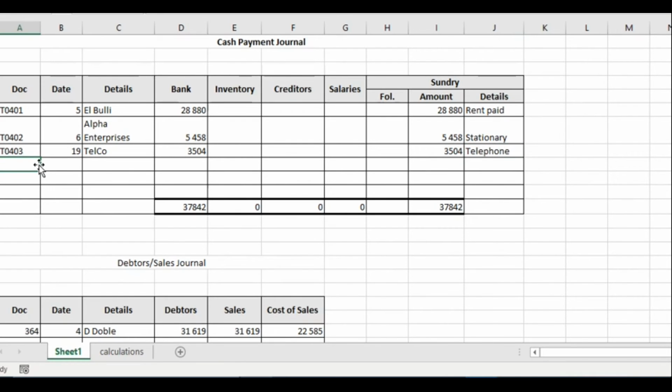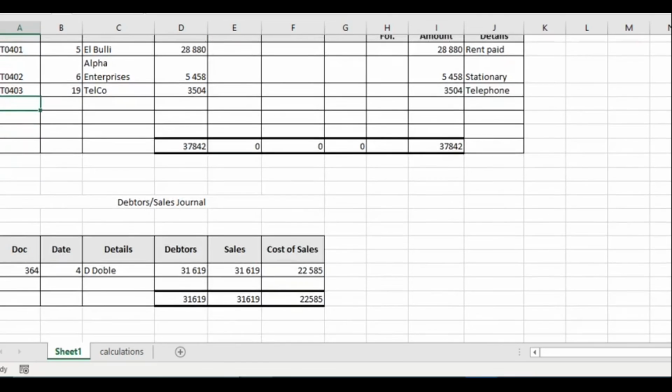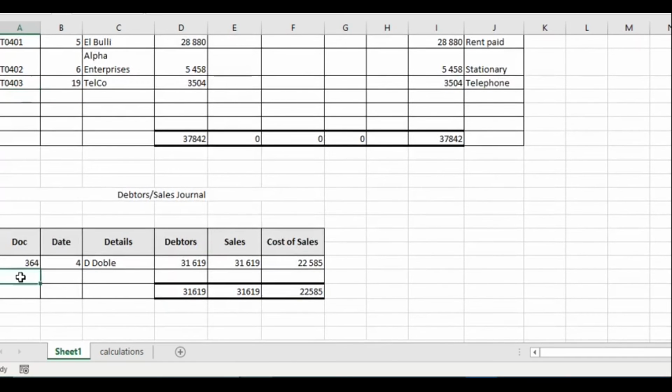The next one that we have is on day 20. We sold goods on credit to F. Foster, 12,110, issued credit invoice 365. So we sold goods on credit. This goes along to our debtors journal. So 365, that's our doc number.